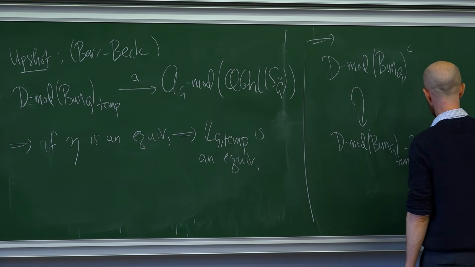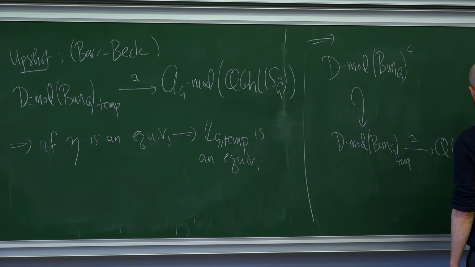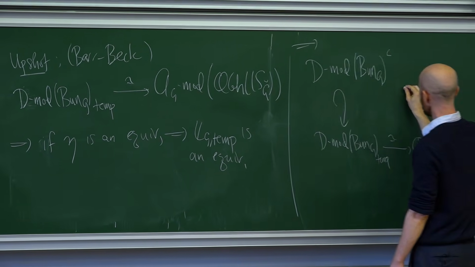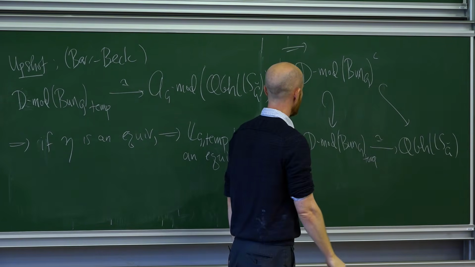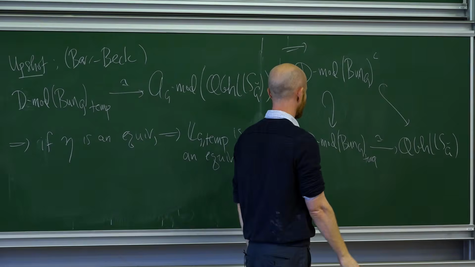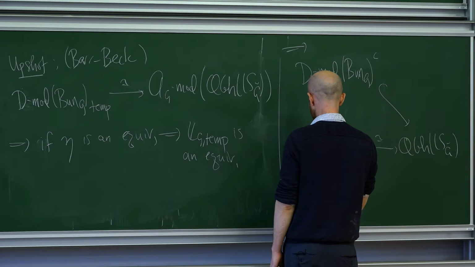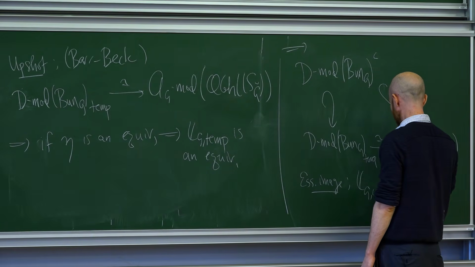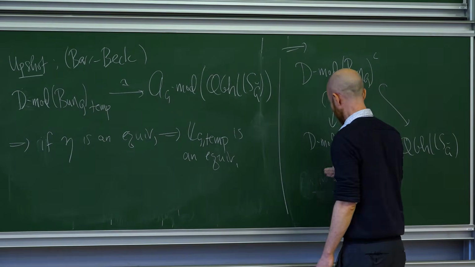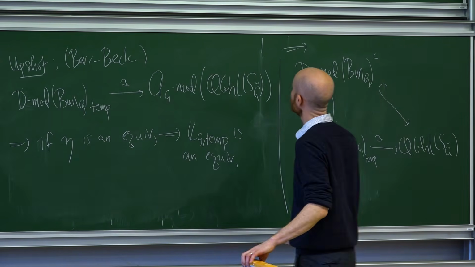This is now equivalent to QCoh of LocSys G check. And so we end up with an embedding here. And you can ask, what's the essential image? And the essential image, basically by design, is L_G. Well, let me take a little more space.